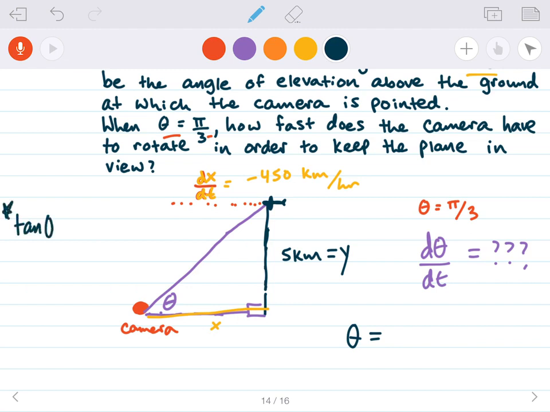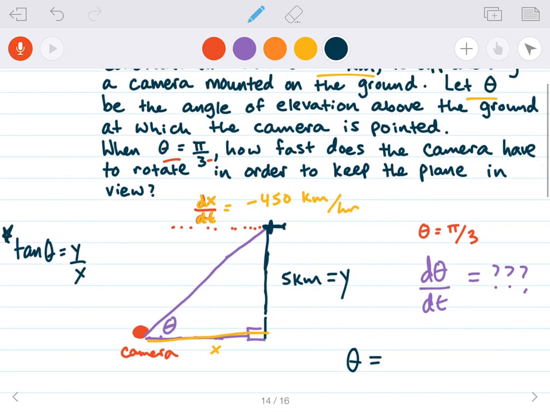Let's put a star here. That's from trig. Therefore, if we take tangent inverse of both sides, that's going to cancel on the left, and we just get theta is equal to tan inverse of y over x.